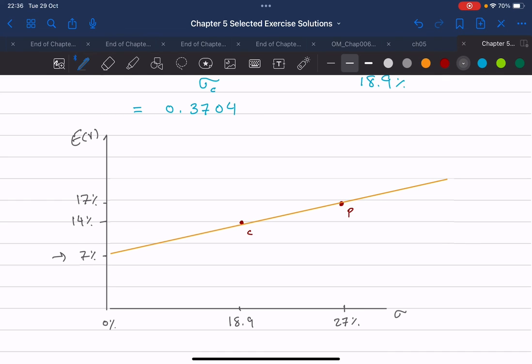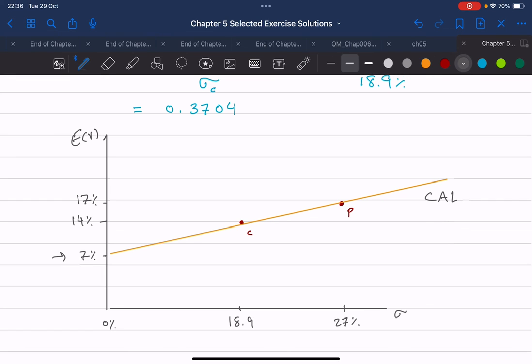And the slope, there are some methods to calculate the slope. You could use the slope formula to calculate, but in this scenario for the capital allocation line, let's just put a bracket here.